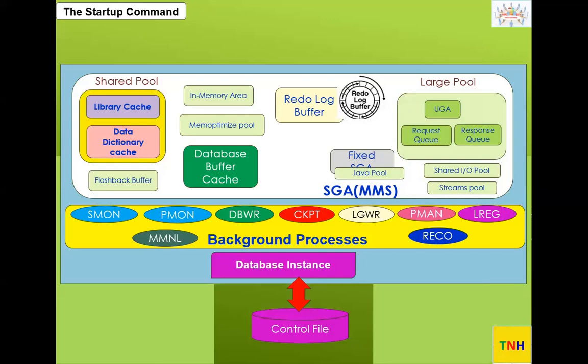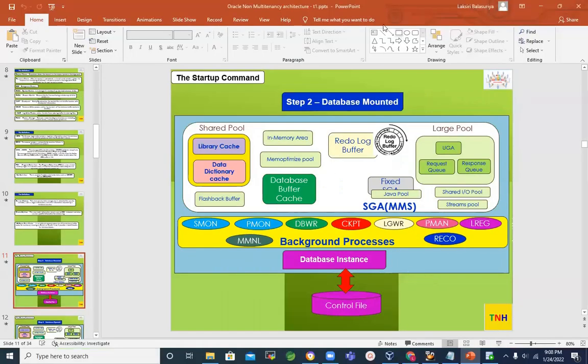What could happen? Yeah, background process not running. That's right, but now what needs to be mounted is the control file. If it is not mounting, the primary reason is what? The control file is missing. You can't mount it.